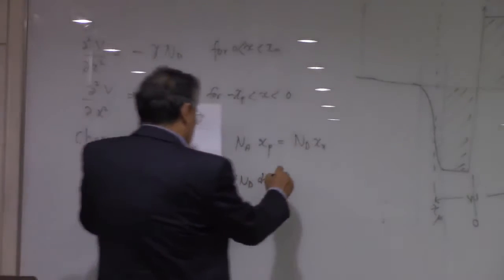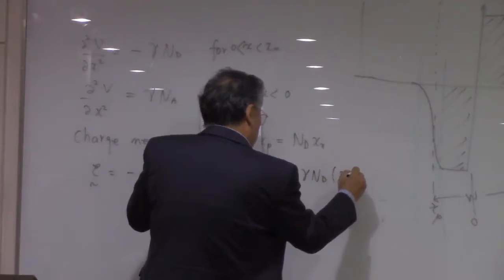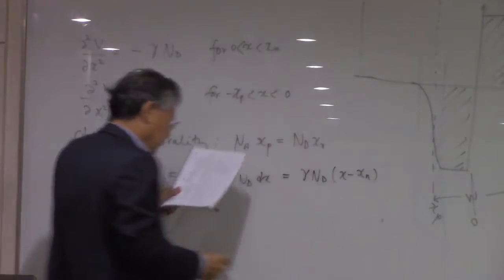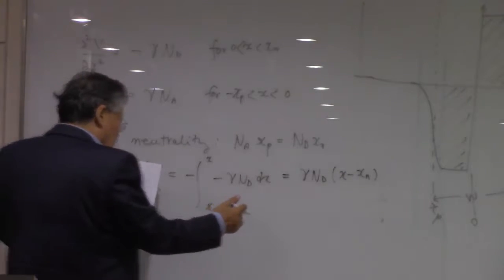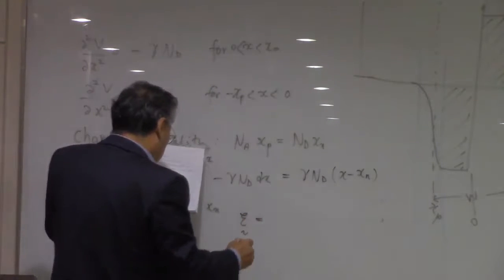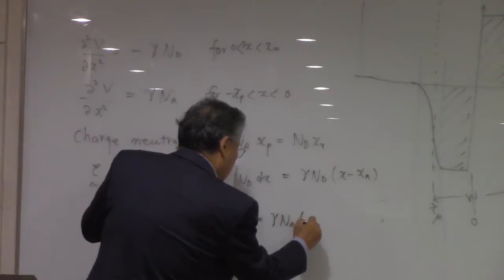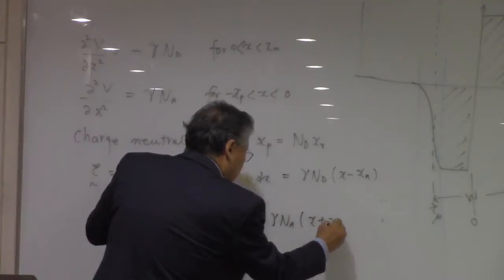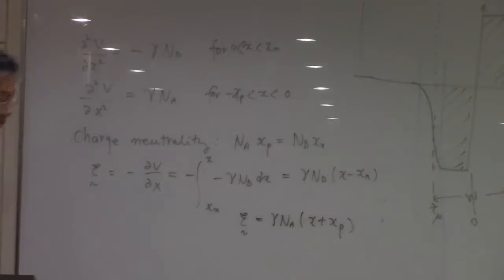And then that is simply q ND times (x minus xn). You can do the same thing for the p-type region, and then you can easily get this equation for the field in the p-type region.